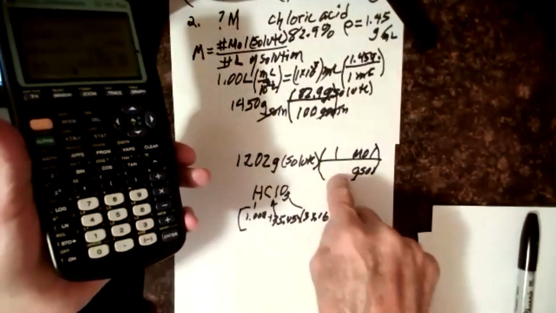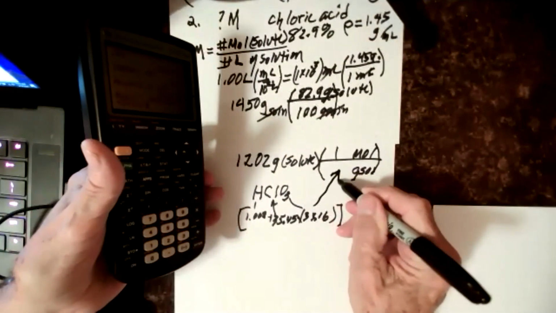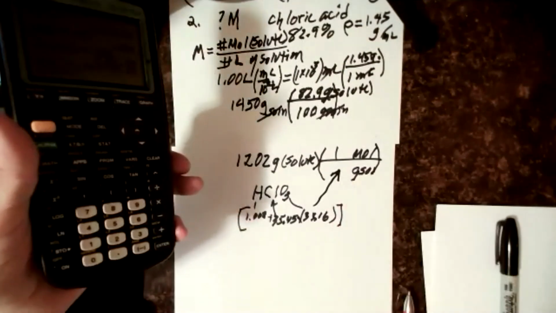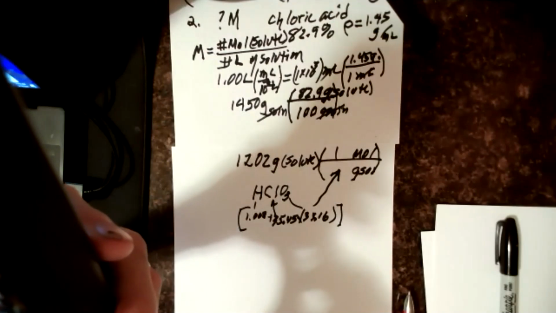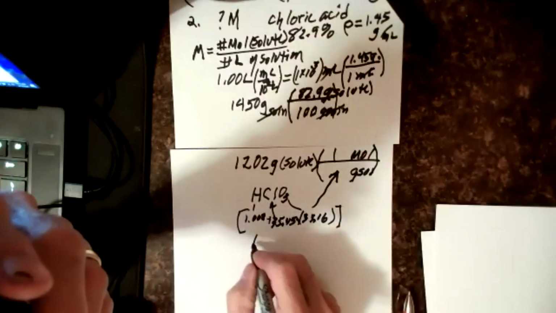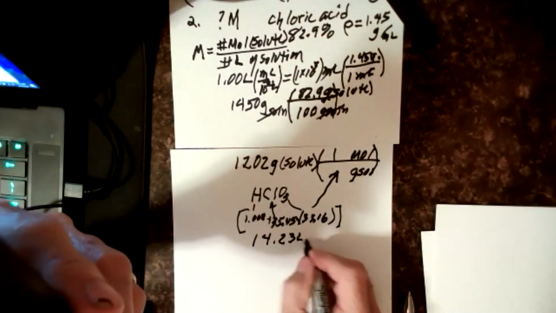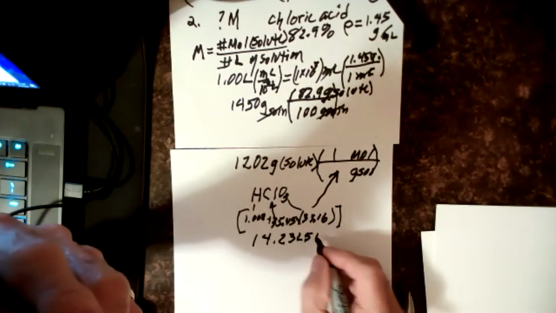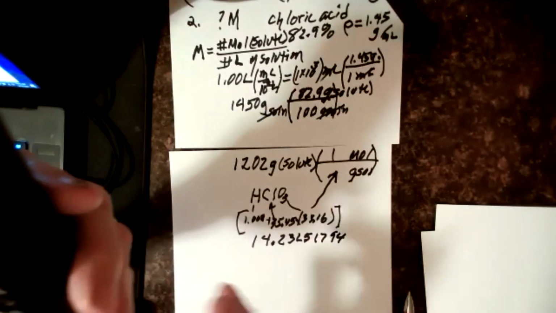Now I've done that calculation. It would be like adding all of these numbers up and putting them right there. And so now I push equal, enter, and I get as an answer 14.23251794, and I've not taken anything off the calculator.